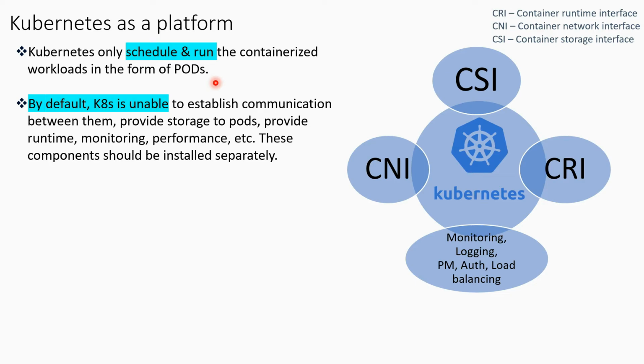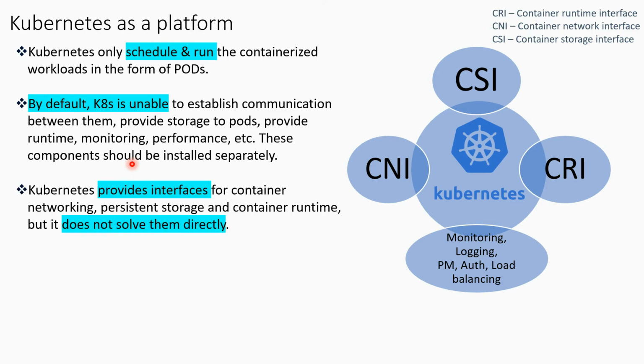And by default, Kubernetes is unable to establish communication between containers, to provide storage to your containers, to provide runtime, to provide monitoring, or to measure their performance. By default, Kubernetes is unable to do all these tasks. So these components should be installed separately, okay?